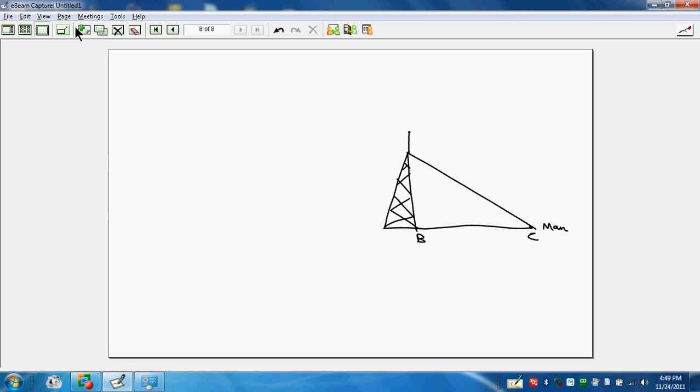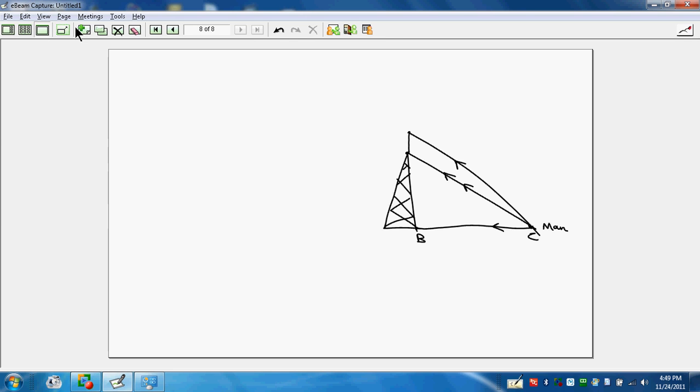That will be his line of sight to look at the bottom of the aerial. They didn't give us a height for him, so we'll assume his horizontal line of sight is along the line of the ground. And this here will be his inclined line of sight to see the bottom of the aerial. Then to see the top of the aerial, he has to carry his gaze a little higher. So that is his gaze to see the top.